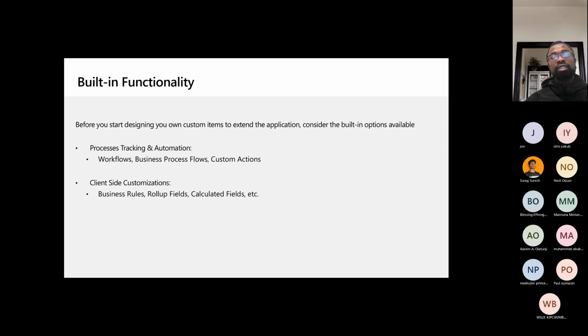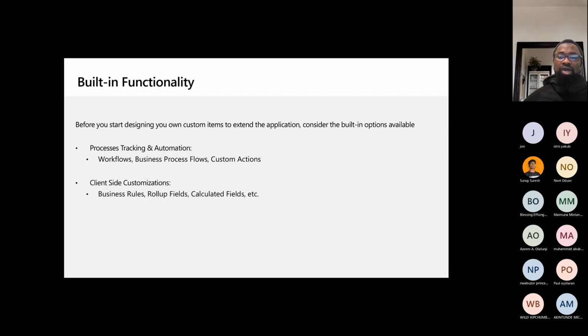So we also look at the built-in functionalities, in order to understand the features of the app, the Power App for example, and Power Platform entirely. This will enable you to understand the difference between inbuilt functionalities and extensibility, which we are going to look at.